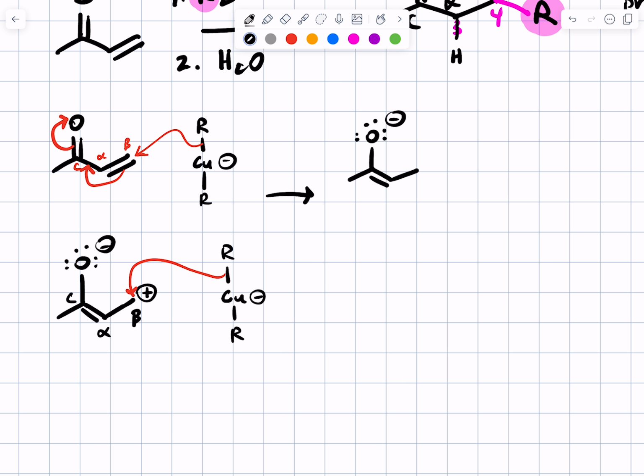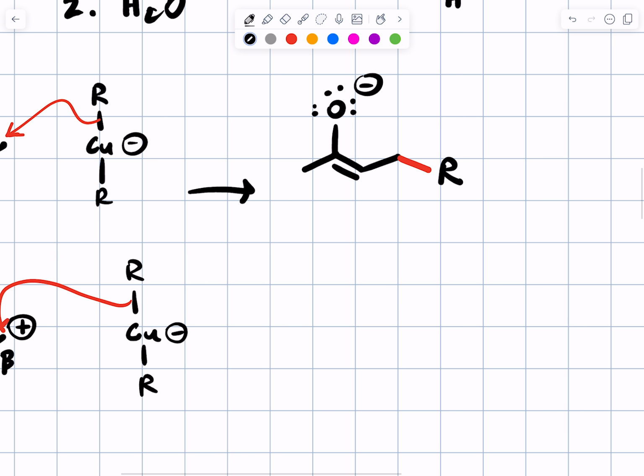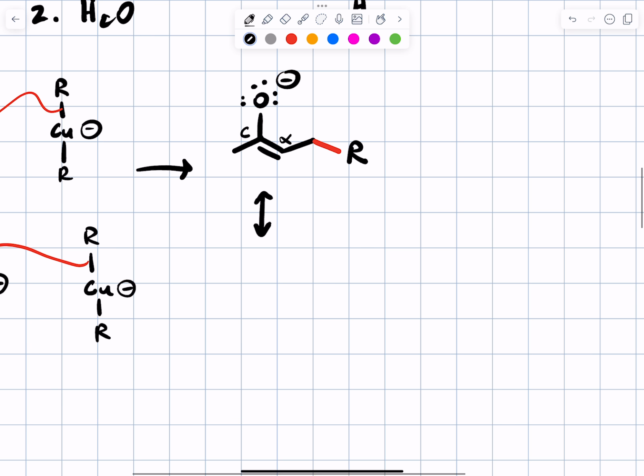Your intermediate, rather, after the addition of the cuprate, looks like this, where we have a pi bond between carbonyl carbon and alpha carbon. Notice that the negatively charged oxygen, owing to the presence of the pi bond between carbonyl carbon and alpha carbon, you can draw a resonance structure where the negative charge from the oxygen is actually on the alpha carbon.